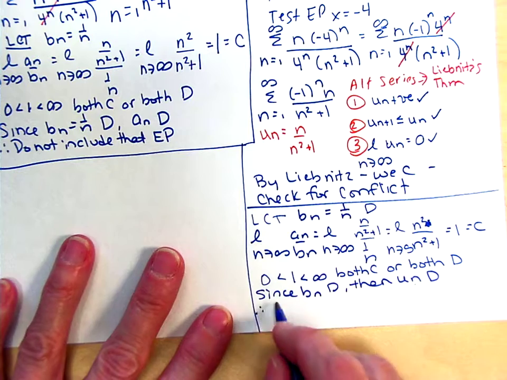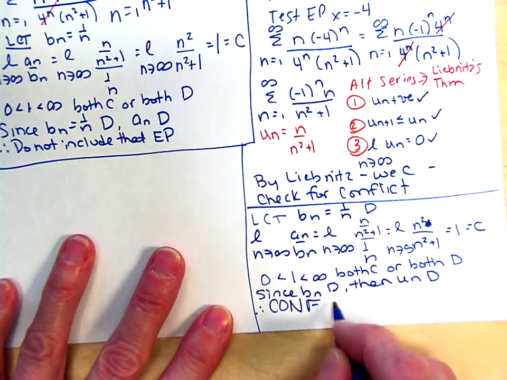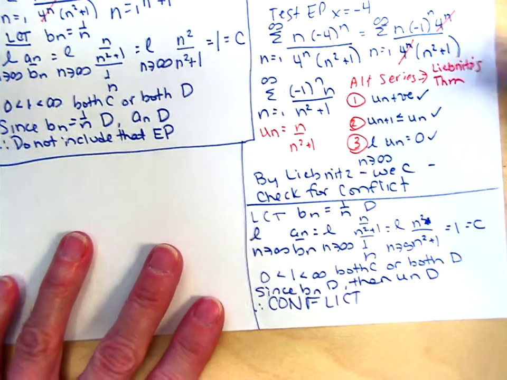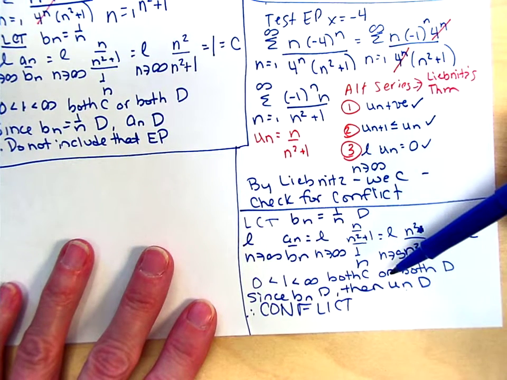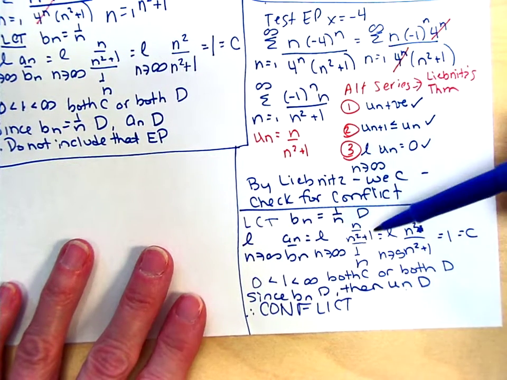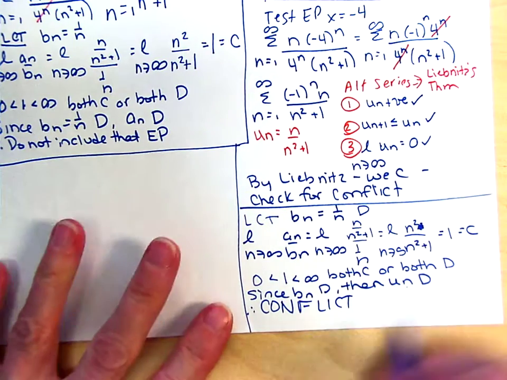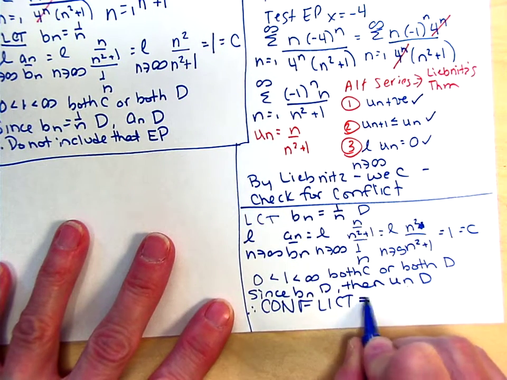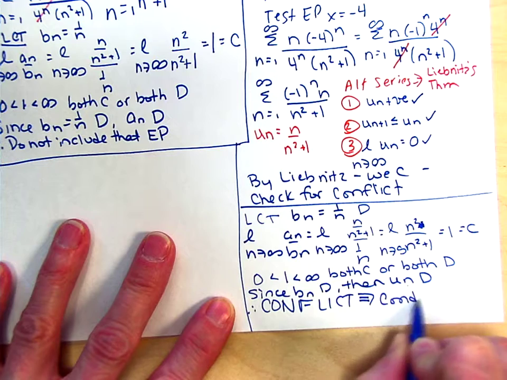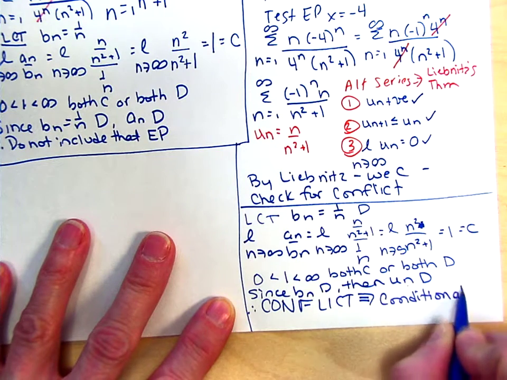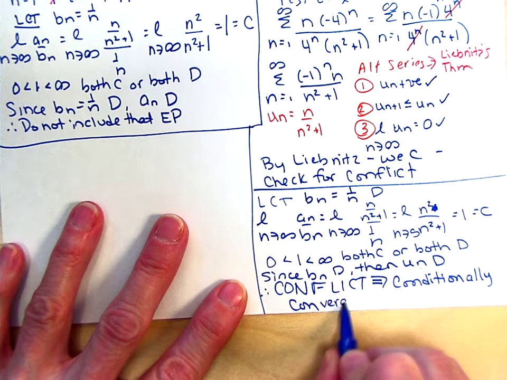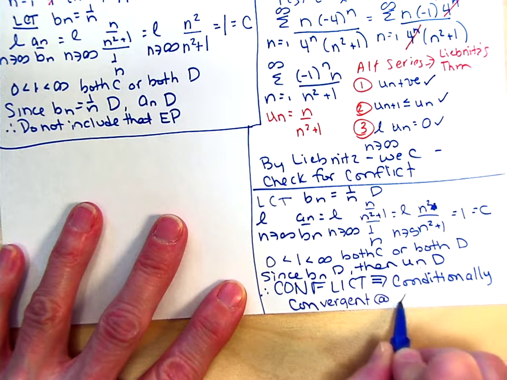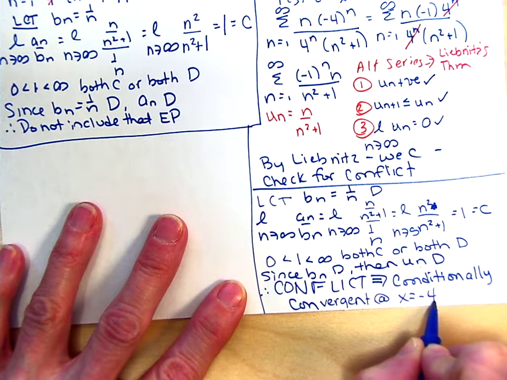Therefore, we have a conflict. Our analysis from Leibniz said that we converged. Our analysis from looking just at u sub n said we diverged. When we have a conflict, that means we are conditionally convergent at that endpoint, at x equals -4.